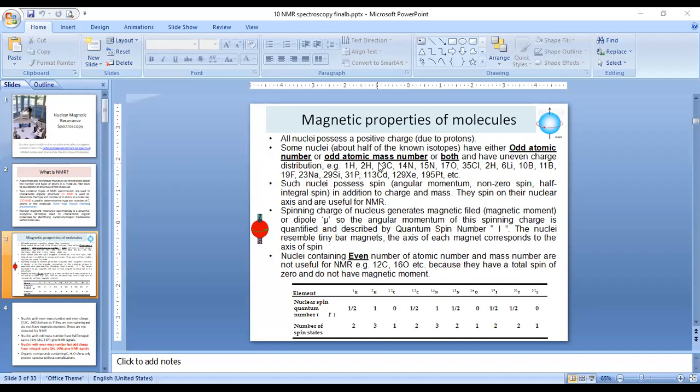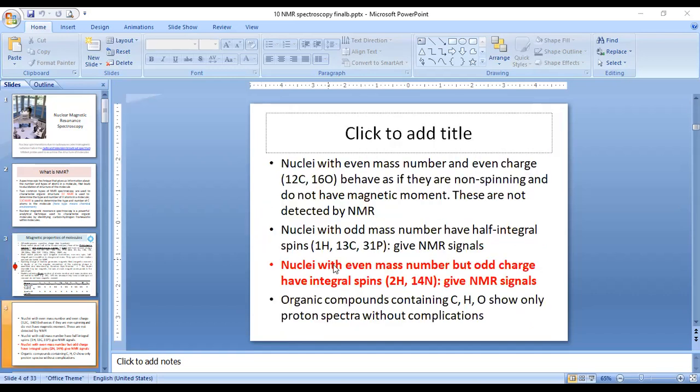So if it is in a parallel direction to the magnetic field, then they go to the anti-parallel direction. That kind of flipping of the nuclei will take place. And what we do is we measure which radiation or which wavelength, that is, the frequency, is absorbed by the nuclei to undergo the flipping transition.